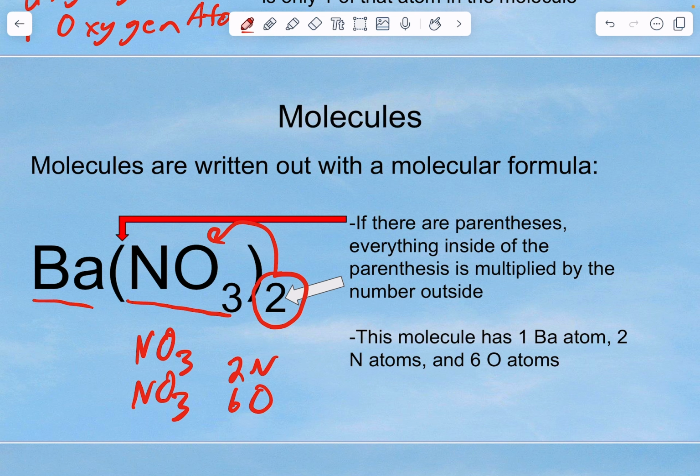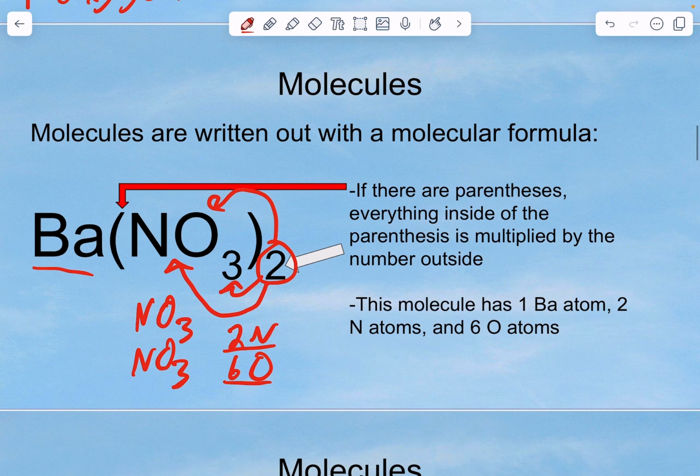The easy trick is you just take the subscripted number and multiply it by the subscripts of everything inside it. So 2 times 3 to make 6 oxygens, and 2 times 1 to make 2 nitrogens. That's the simple way of figuring out how many of each atom you actually have.